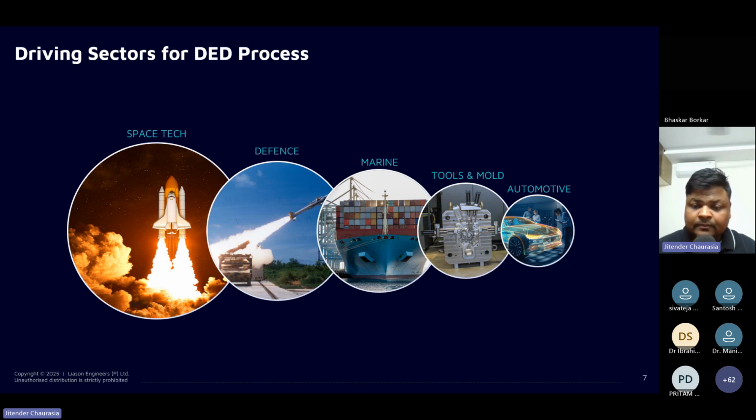When it comes to marine, definitely here also they have shafts to repair, line shafts, blades, all those things. Nothing much with respect to manufacturing. Repair and refurbishment using the DED process is one. I would say if you can crack that, it's a good business opportunity.